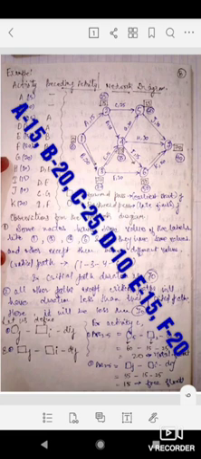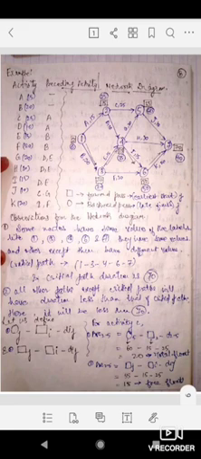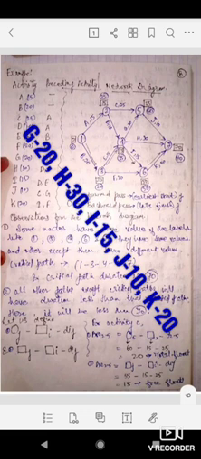Critical path is the longest path of the network diagram, and this path will give us the minimum time required for the completion of the project.